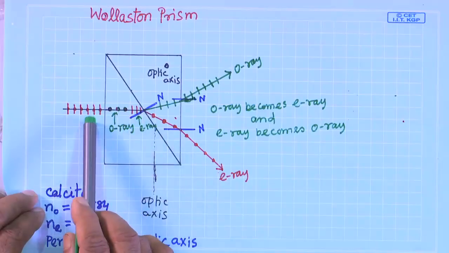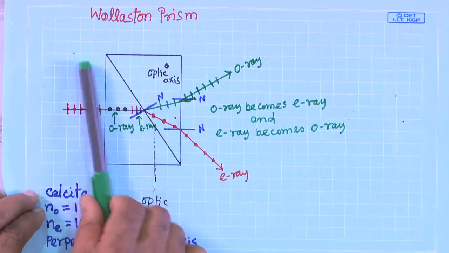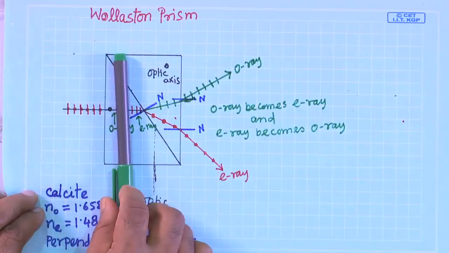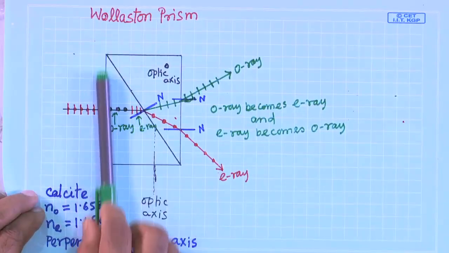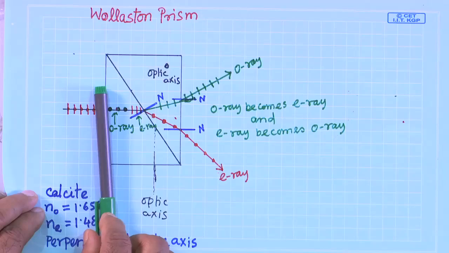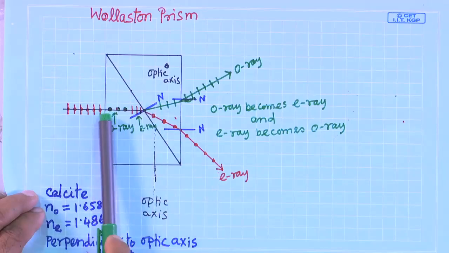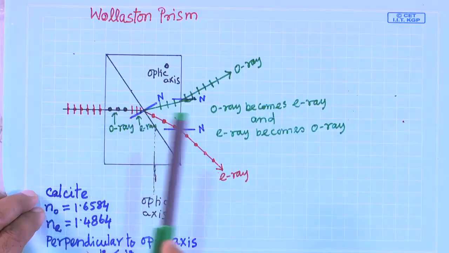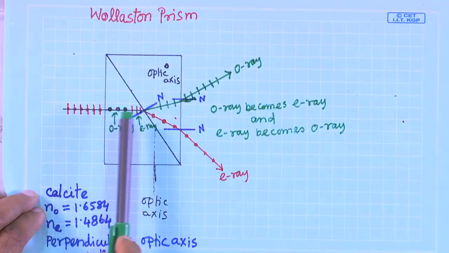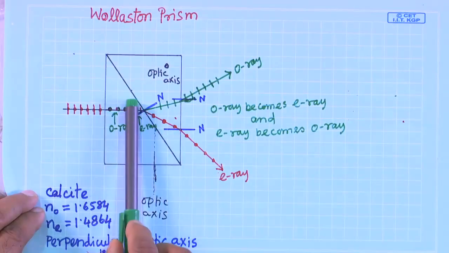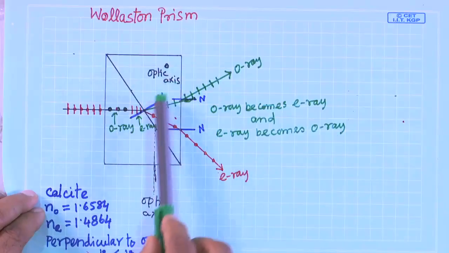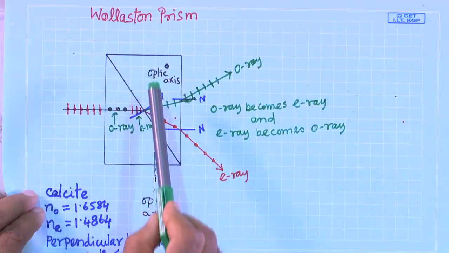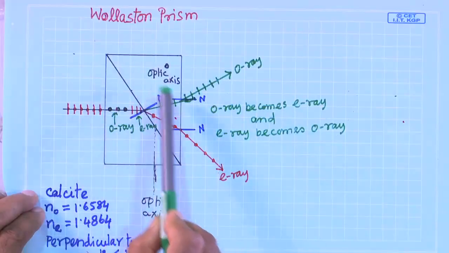So, what will happen? Perpendicular to the optics axis, the velocities of the O ray and E ray are different. So, there will be retardation, as I mentioned. It is parallel to this incident surface, right. So, they will move in the same direction, but they are separated. The E ray will move faster than the O ray. Now, when it is going to the other part, the optics axis is now perpendicular to the plane of this paper.